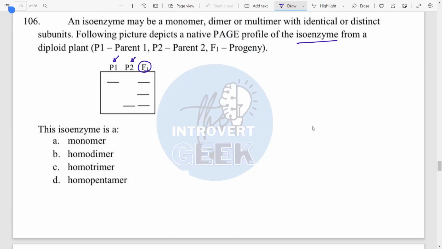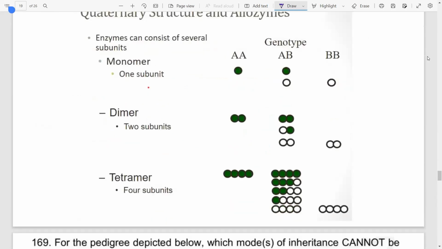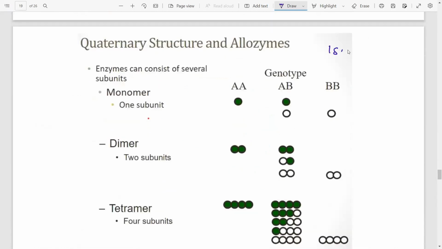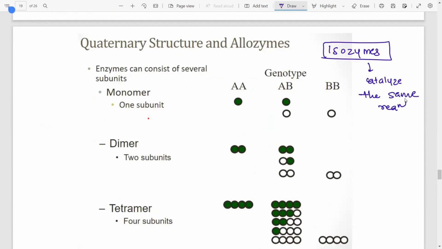Now, to understand anything about this question, I want you to understand about isozymes. So, what are isozymes? Isozymes are nothing but enzymes that catalyze the same reaction. These enzymes, however, might have a different Km value, a different Vmax value, and different locations.